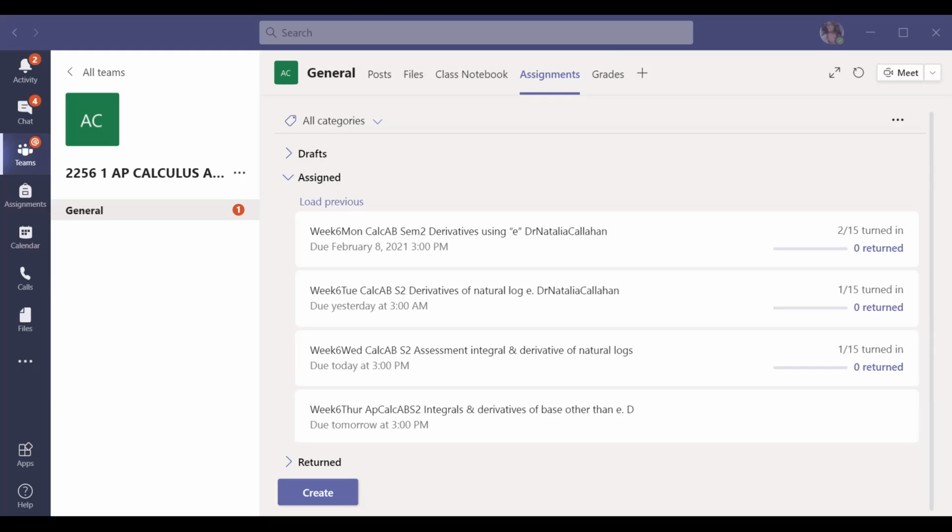The fourth one is pretty straightforward as well. It doesn't have anything too difficult. Looking at the integral of 2 to the 3x dx, you know that the integral of a to the u dx is equal to 1 over ln a times a to the u plus c. So naturally, you're probably going to say, let u be 3x. You know that your a is going to be 2.